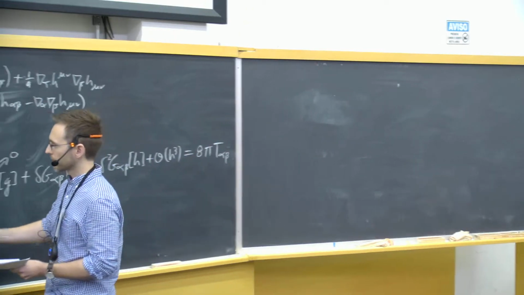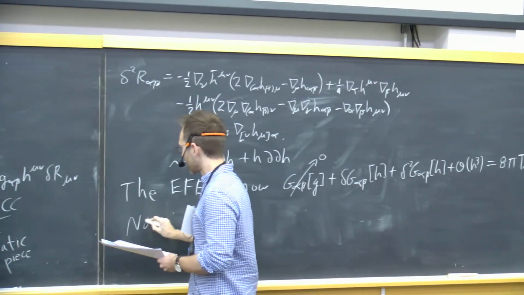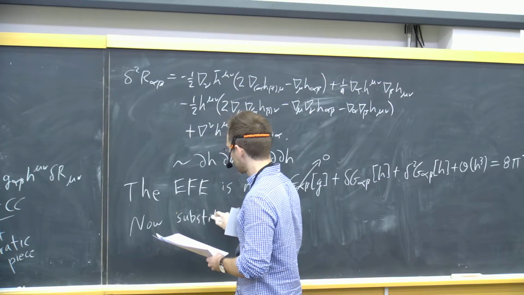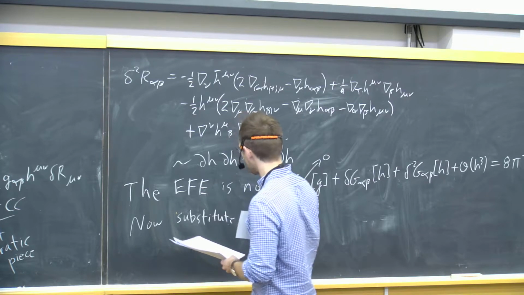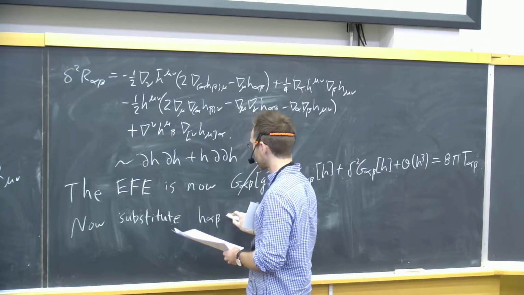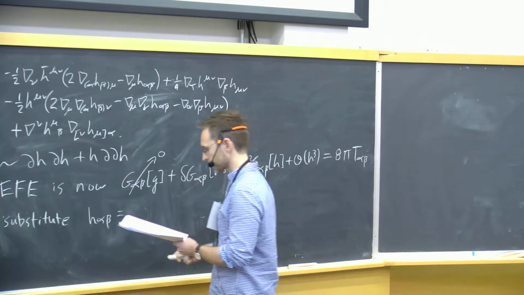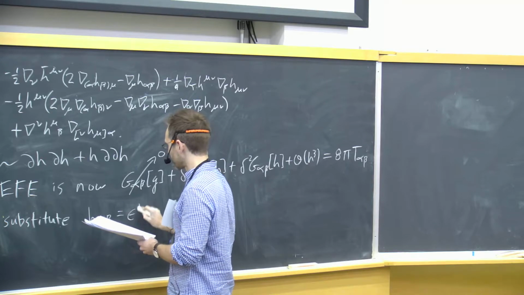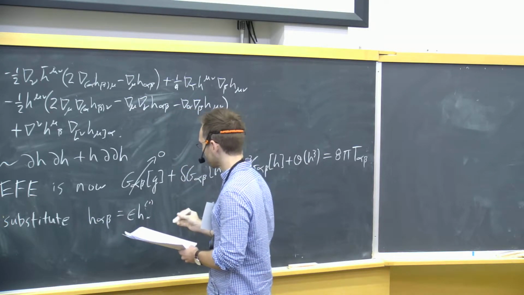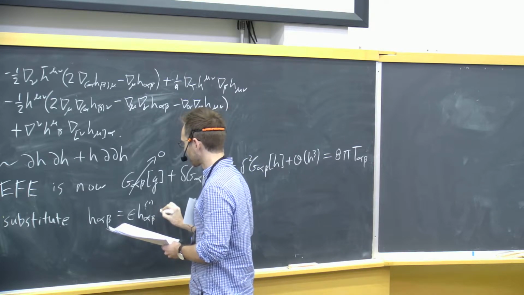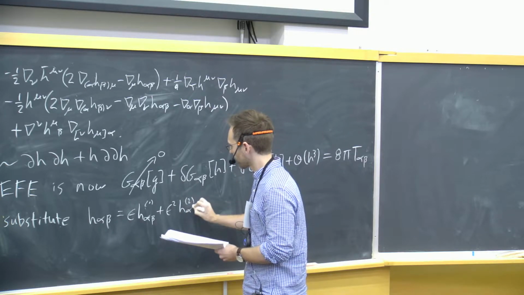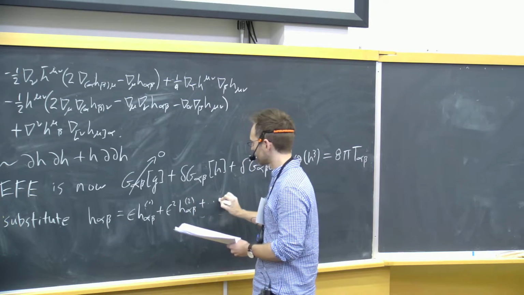Now, remember, a long time ago, I had said that h will be some power series. So now let's substitute that power series. So we have epsilon h1 alpha beta plus epsilon squared h2 plus higher order things.